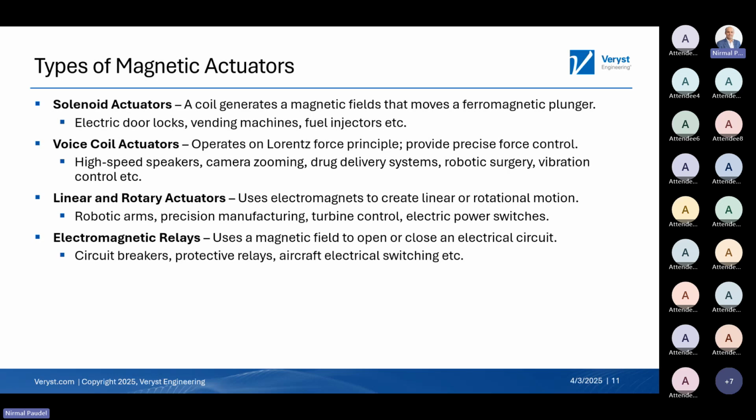And the linear and rotary actuators use electromagnetics to create linear or rotational motion, used in robotic arms, precision manufacturing, and electric power switches, for example. This is one of the examples that we'll see how it's done in COMSOL later on in the demo. And then the electromagnetic relays, basically, they're used in circuit breakers, protective relays, aircraft, electrical switching, and many other applications.